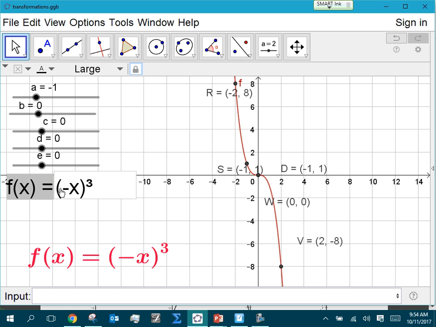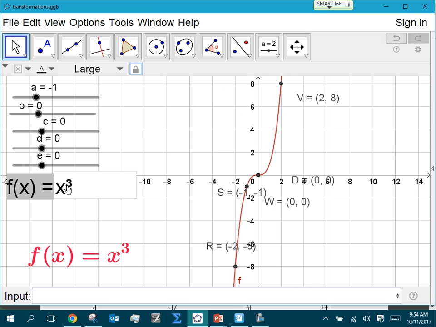And when I do that, it flips over the y-axis. Now this one's kind of unique because if I would have multiplied the entire function by a negative, so negative 1 times x cubed, it does the same thing, right? That's a unique one where an x-axis reflection and a y-axis reflection develop the same curve.